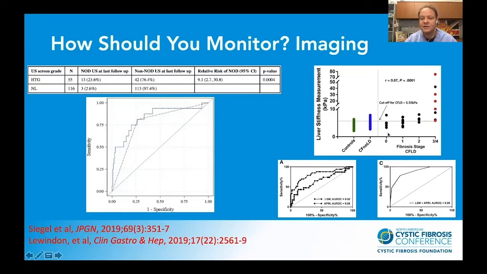And as you can see, those patients that had liver disease and higher METAVIR stage by biopsy had higher liver stiffness. They then looked at their area under the curve with a cutoff value of 5.5 kilopascals, as noted above, and showed an area under the curve for liver stiffness of around 0.8. If they looked at just APRI, it was lower at 0.66. But I think the story that you really see is when you combine the two modalities, you get to an area under the curve of closer to 0.9.